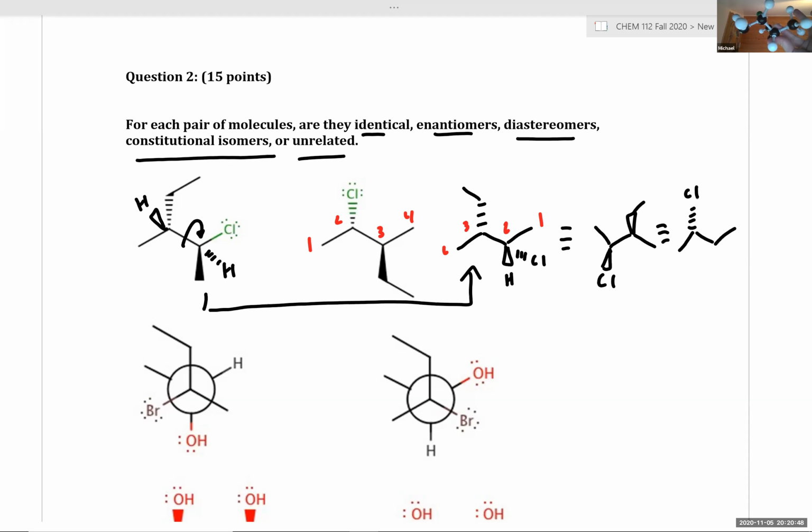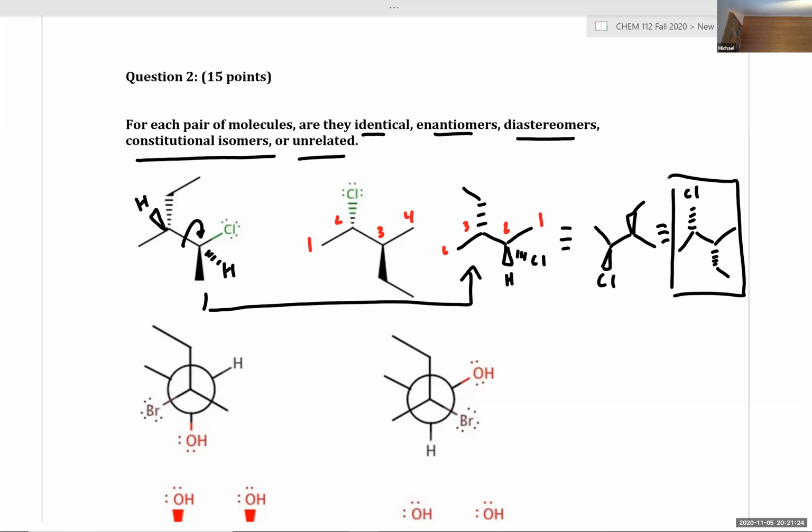It's pointing away from us, exactly right. Perfect. So we've assigned our stereochemistries and we now have the following structure.